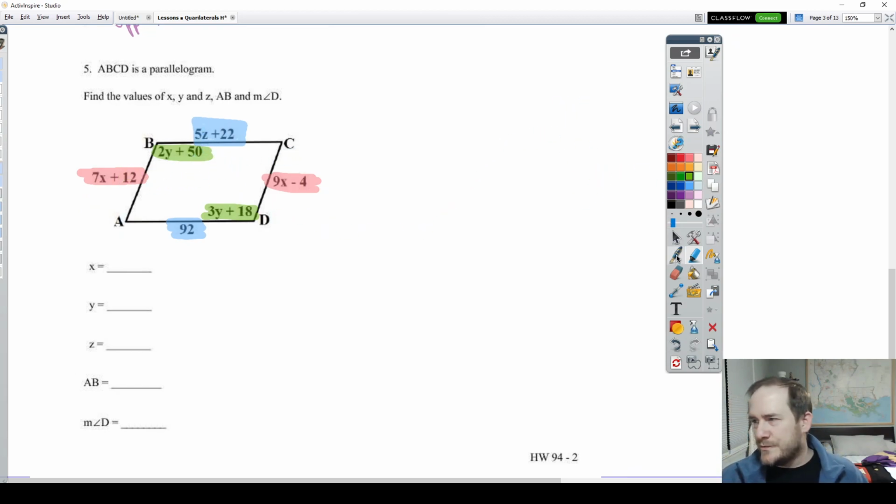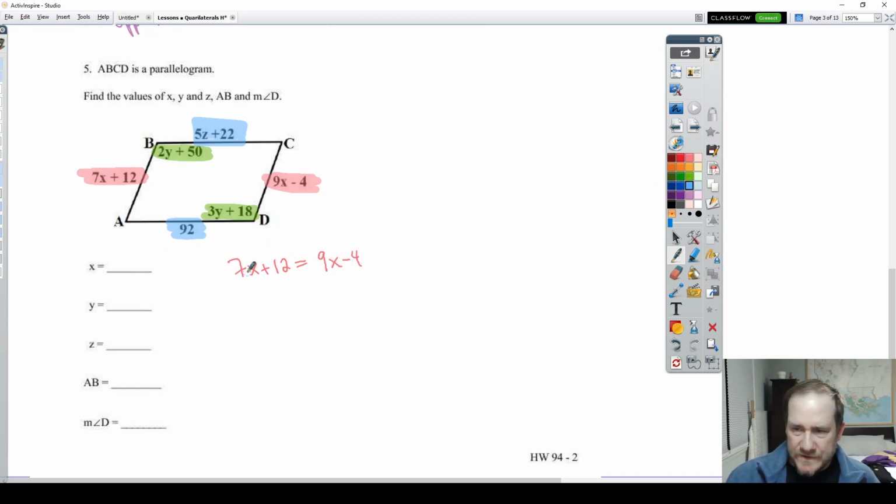So every equation we're going to write is going to be one where the given expression, 7x plus 12, is just equal to the other expression, like 9x minus 4. So to solve this, I always like to get rid of the smaller number of x's first. So the 7x, I'm going to cancel it by subtracting 7x on both sides.